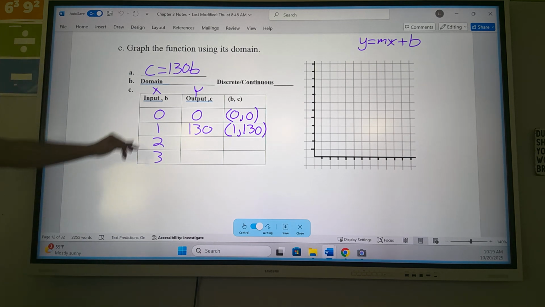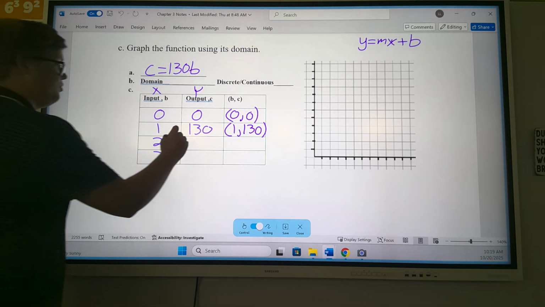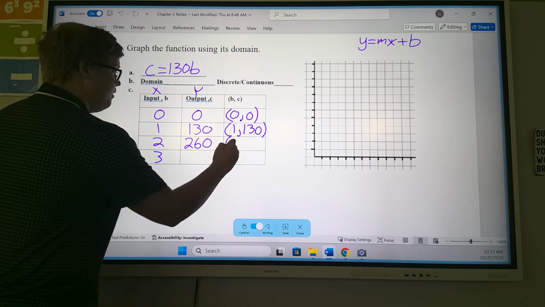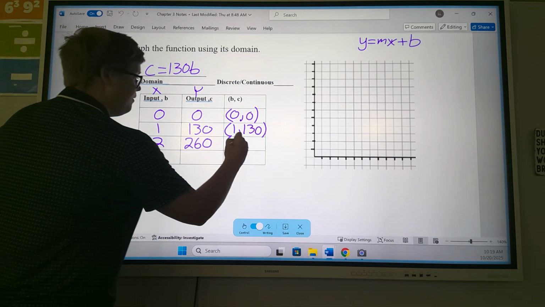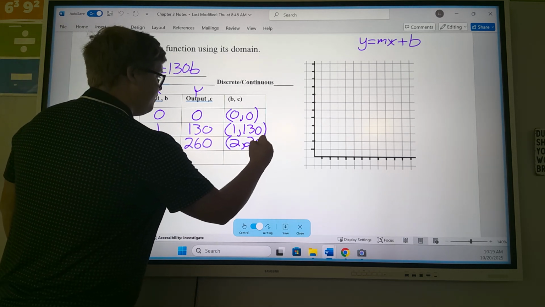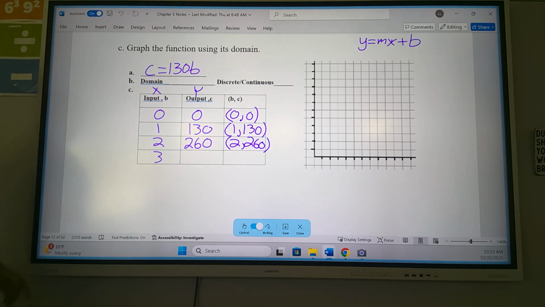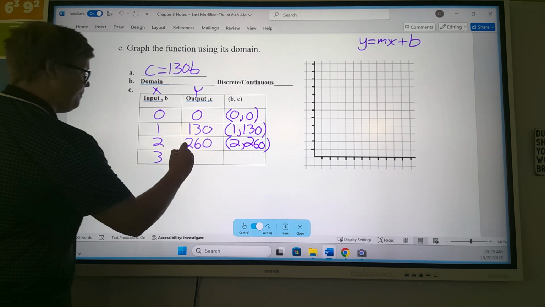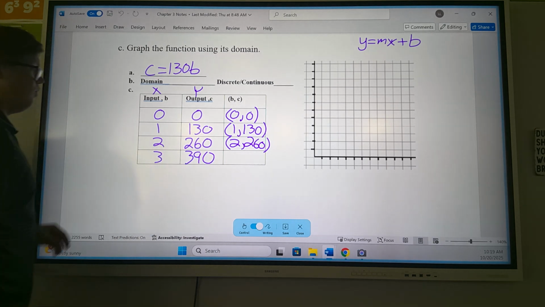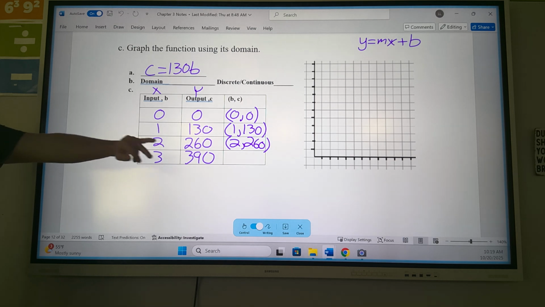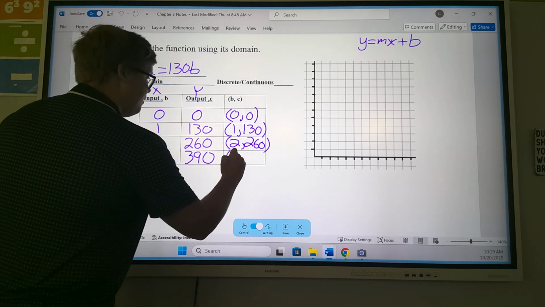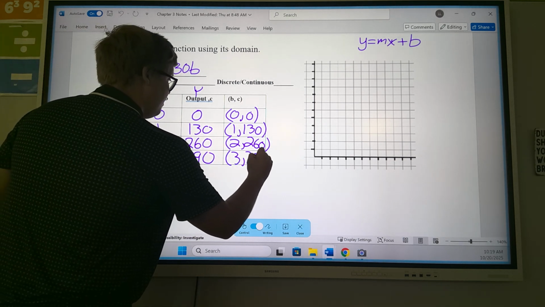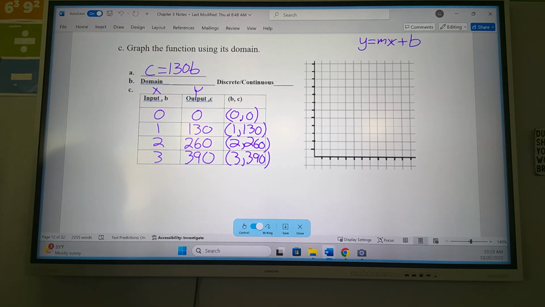Okay, when I eat 2 bars, 130 times 2, that's 260. When my x is 2, my y is 260. Okay, and 3. 130 times 3 is 390. When my x is 3, my y is 390. So those are our coordinates.